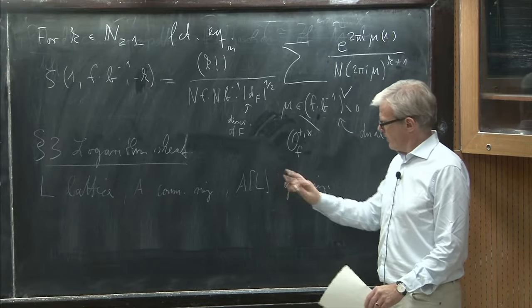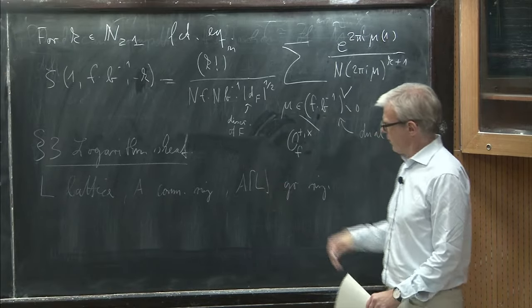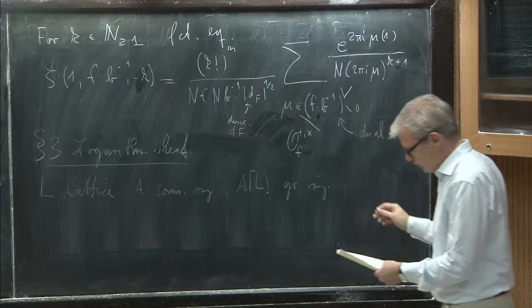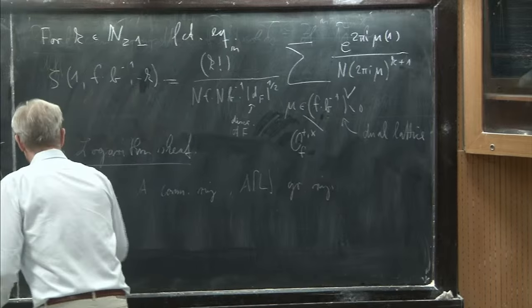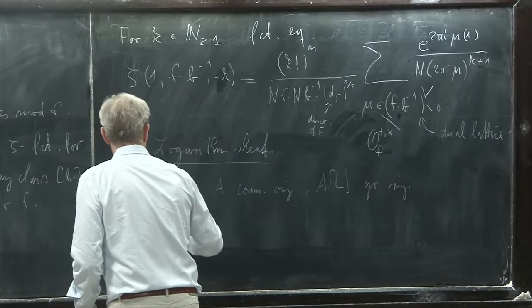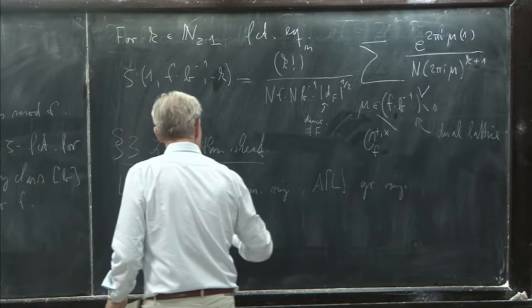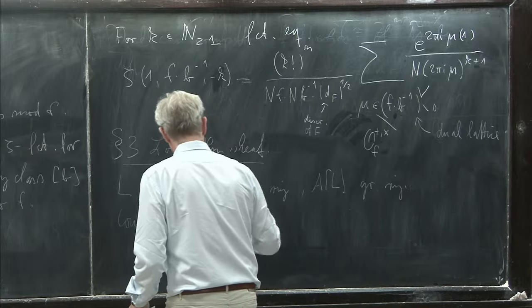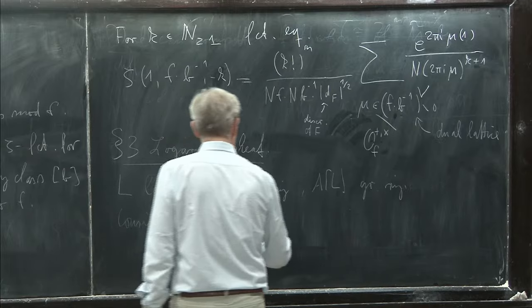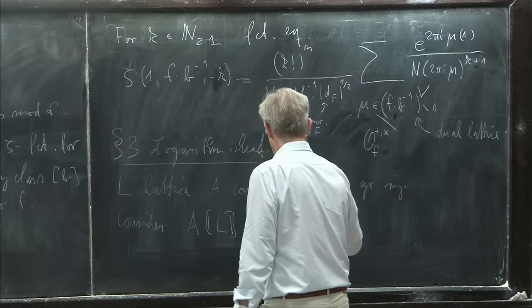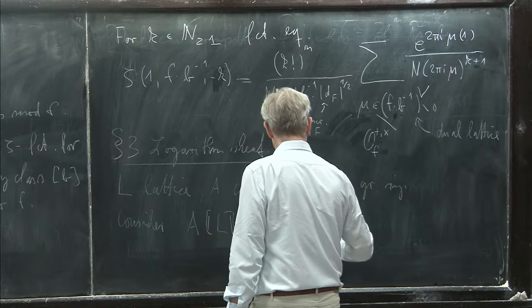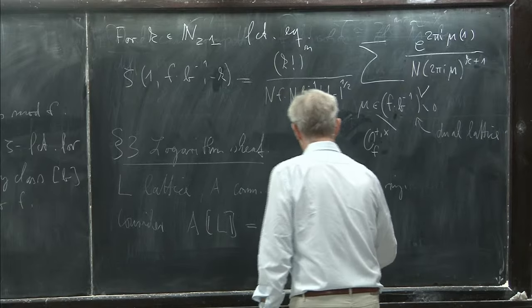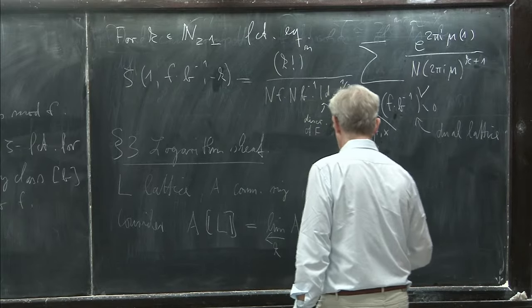That's really an observation of Beilinson connected with his earlier work, that what one has to do here is the following. So then we consider the following completion of the group ring. Namely, we take the inverse limit over the augmentation ideals of the group ring, J^(k+1).